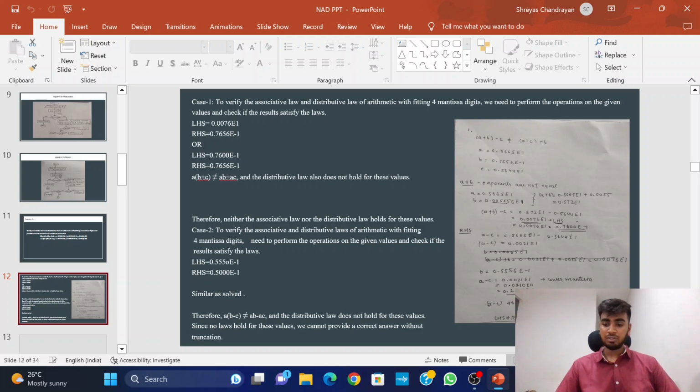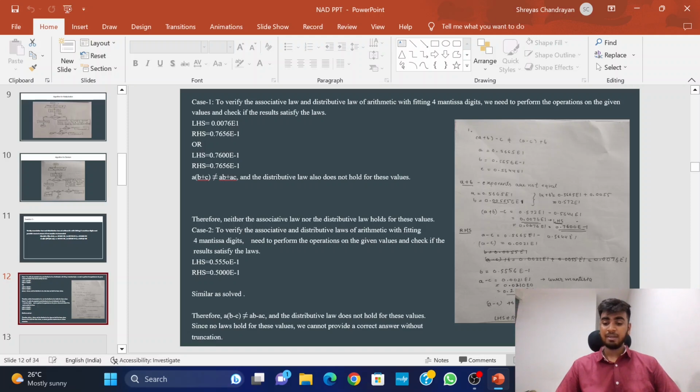Then a plus b is equal to 0.572 e1, and so we will subtract 0.5644 e1 from 0.572 e1, which will give us LHS, which is equal to 0.7600 e1. For RHS, we will first take a minus c, which is equal to 0.0021 e1, and here b is equal to 0.556 e minus 1. So a minus c is equal to 0.2100 e minus 1.